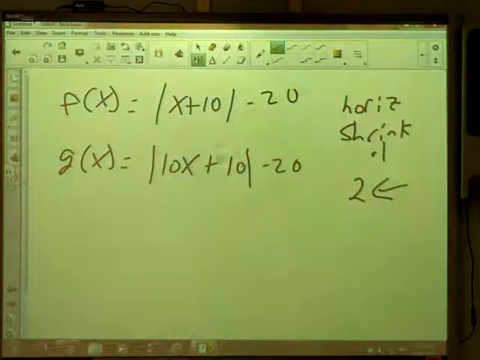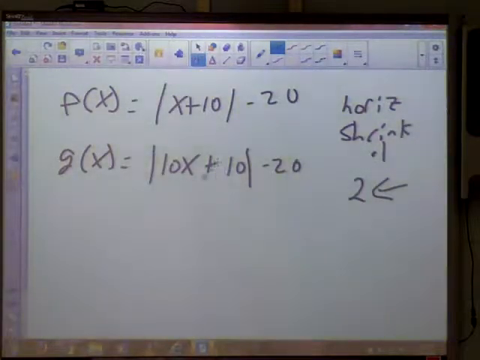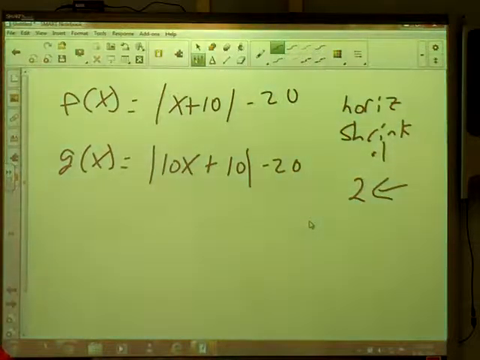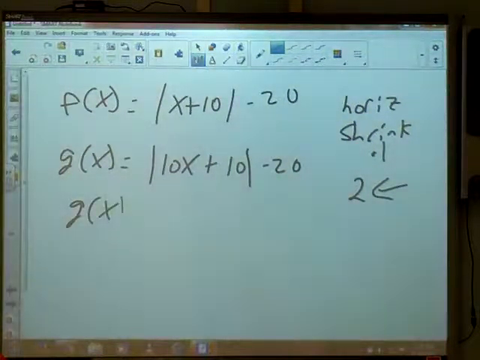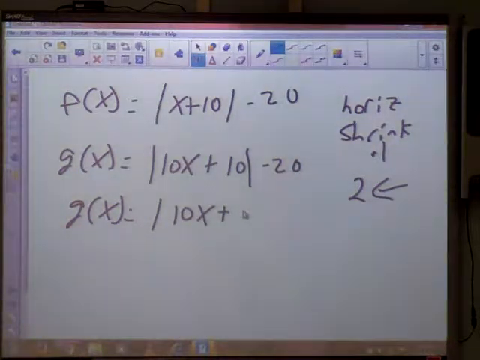Does left 2 go in the bars with the x or outside on the end? In the bars. What goes outside? Up and down. Up and down goes outside, left and right goes inside. If I'm moving left, do I add that 2 or subtract it? Add it. Good job. So I'm going to say g of x is the absolute value of 10x plus 12.